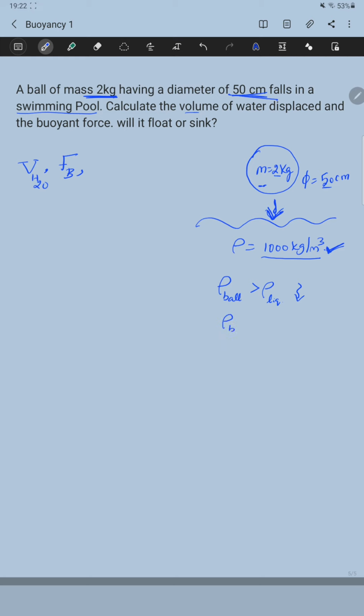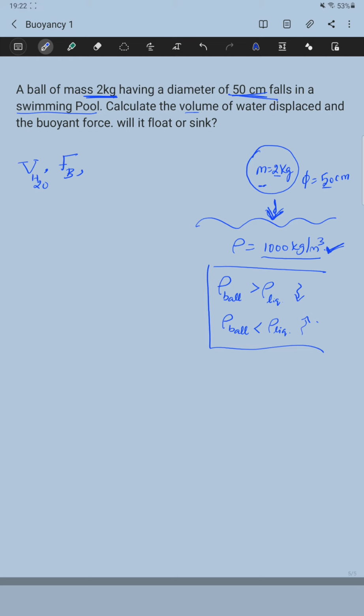If the density of the ball is less than the density of the liquid, then it will float. So whatever density we find, we'll see if the ball will float or sink. Okay, let's get into the problem.